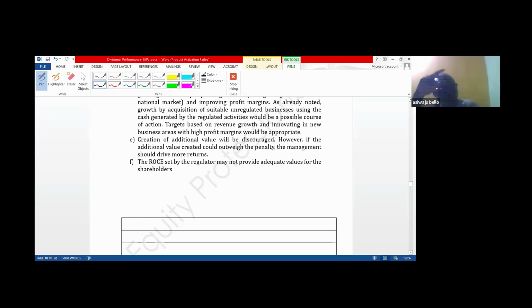Shareholders will not be happy with this because that will limit the ability of the company to make more profits. But again, the company must be careful not to engage in deliberate breach of government regulation.